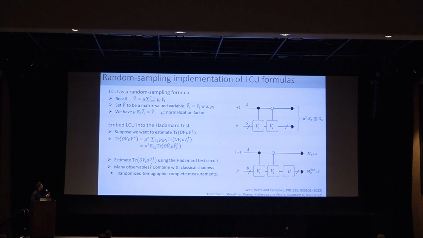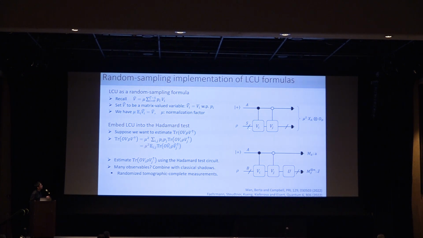Suppose we want to estimate some target quantity, like the expectation of V dagger O V, where rho is the initial state. What we do is expand V and V dagger by linear combinations of unitary operations, and then embed this estimation into a Hadamard test type of circuit.